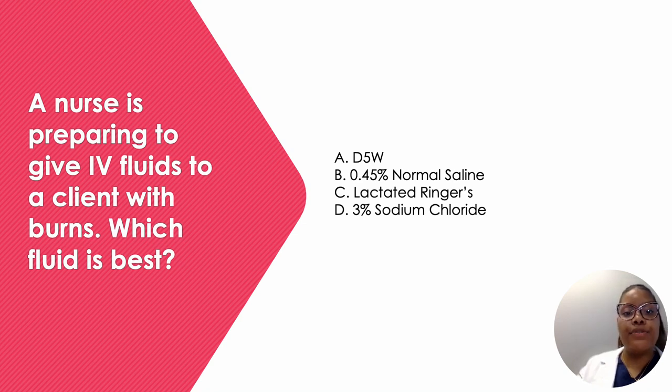If you chose C, LR, then you are correct. So remember, lactated Ringer's is an isotonic solution. Isotonic solutions stay wherever you place them, which is in your intravascular area. So that will restore their intravascular volume and correct any type of imbalances that you have.